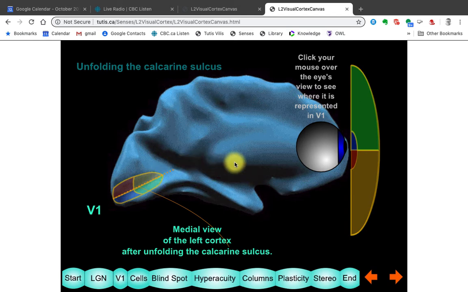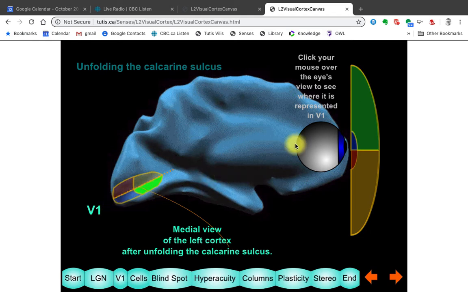And if we look at it, we can find out what different parts of the visual field again light up. You can see that over here, this is above where we're looking, so a signal will appear below the calcarine.